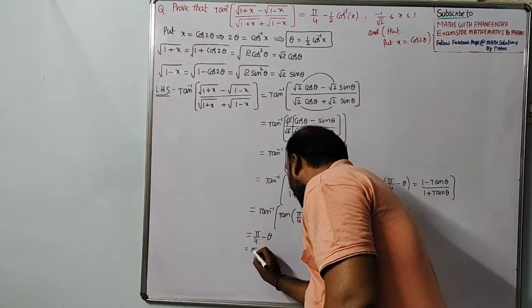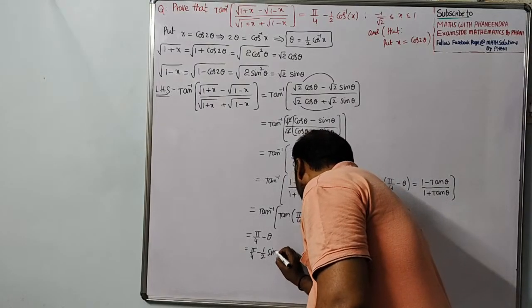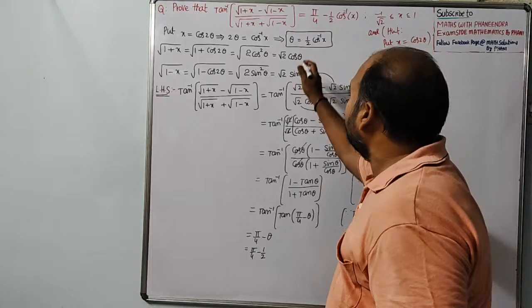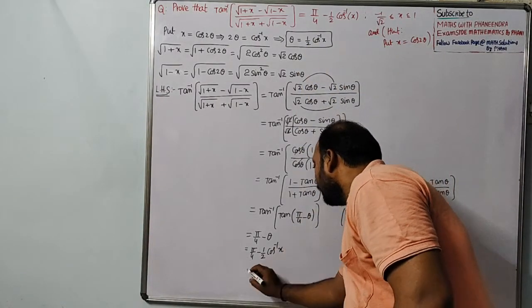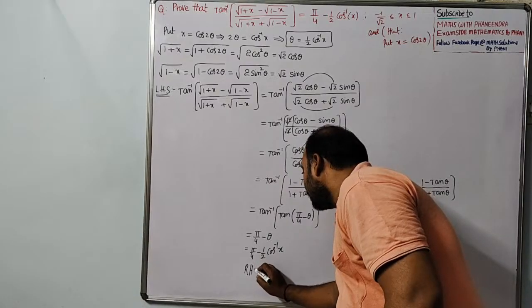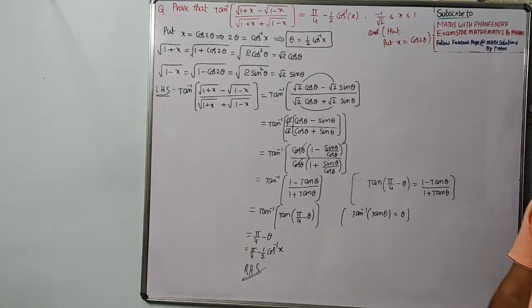That is equal to pi by 4 minus 1 by 2 cos inverse of x, since the theta value we got here is 1 by 2 cos inverse of x, which is the required RHS. Is it there in the RHS or not? Pi by 4 minus half cos inverse x. I hope everyone understands this. We'll move on to another set of questions.